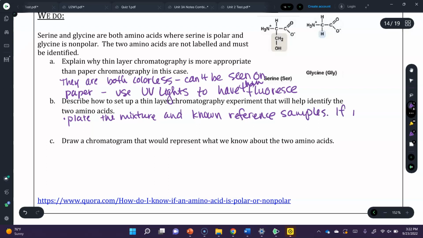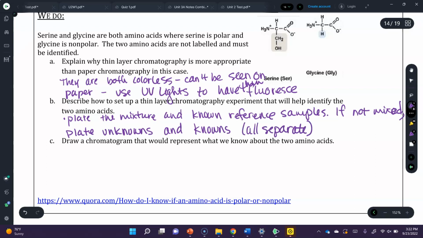If not mixed, so we don't have a mixture, just two unlabeled bottles. And then you would run it according to the thin layer chromatography.